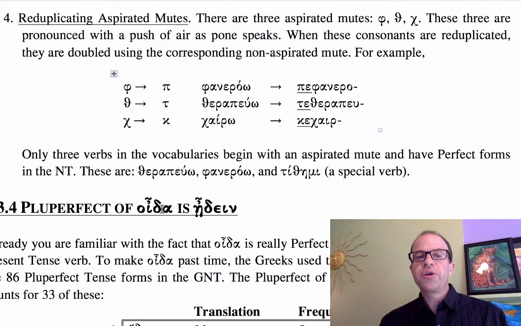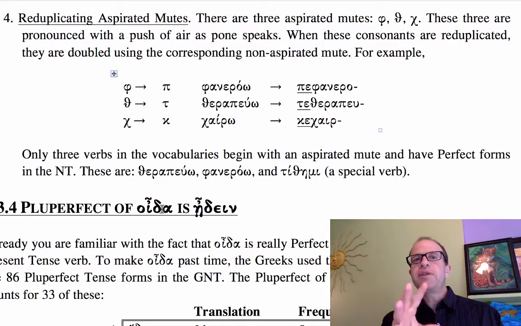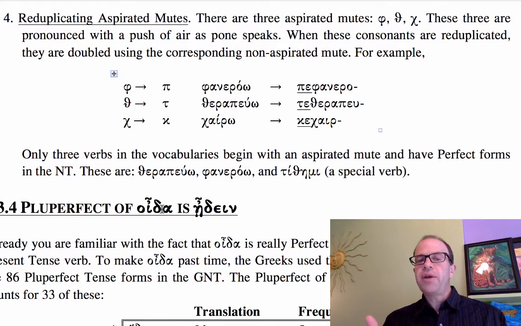Another special rule occurs with reduplicating aspirated mutes. That is, mutes that are aspirates. Aspirates are mutes that have breathing going through them. Phi, theta, and chi. These are aspirates.